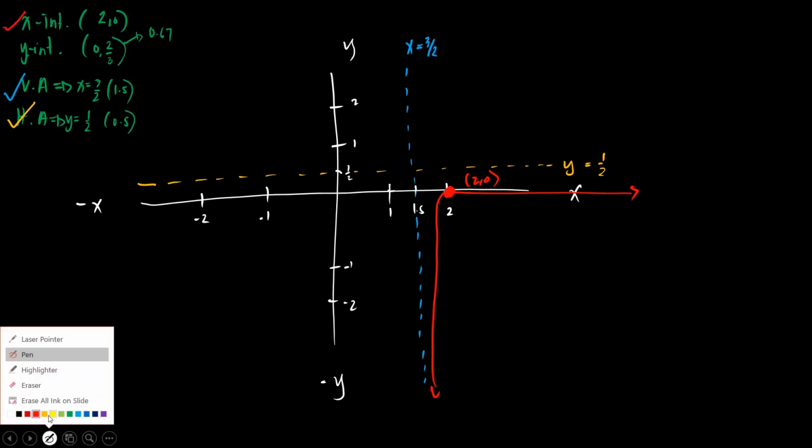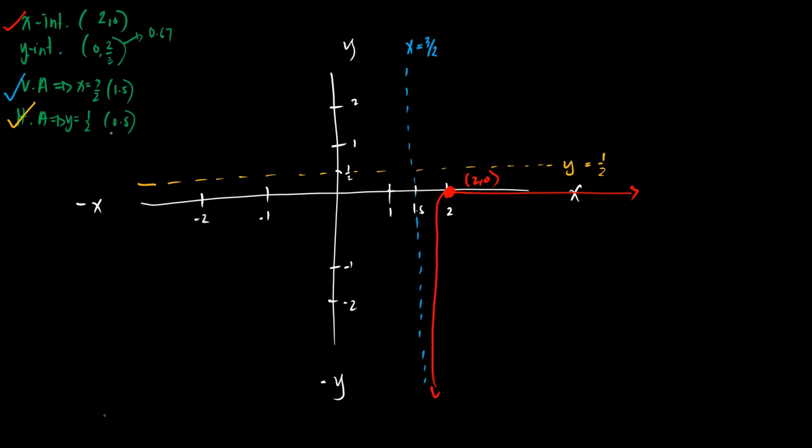Now let's have the y-intercept. Okay, so our y-intercept is positive 0, 2/3. Our 2/3 is 0.67. Okay, so lagpas siya kasi di ba itong horizontal asymptote natin is 0.5, 1/2, so 2/3.